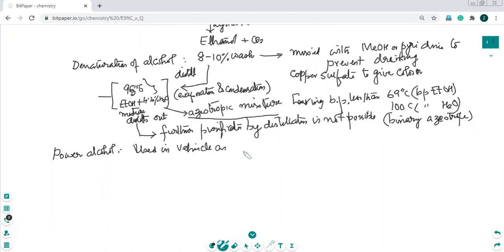In certain countries they are using it, not alone but along with other fuels to increase the octane rating.